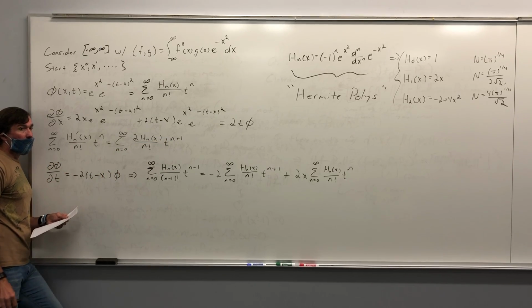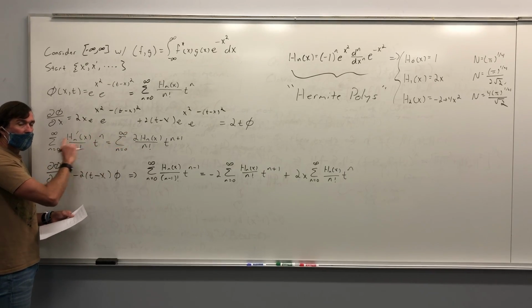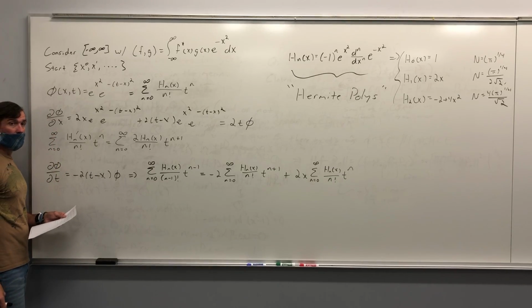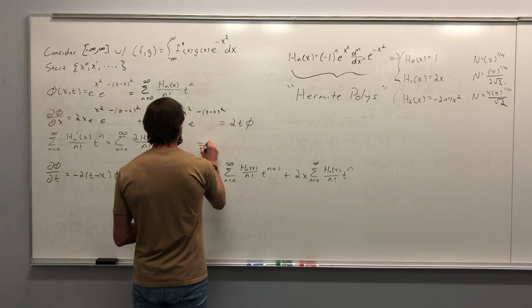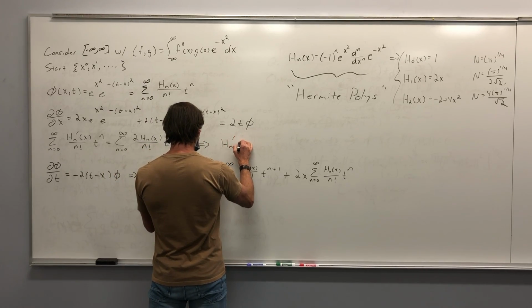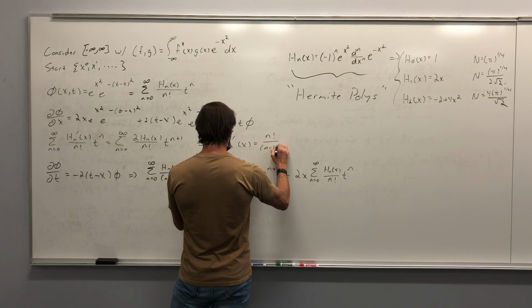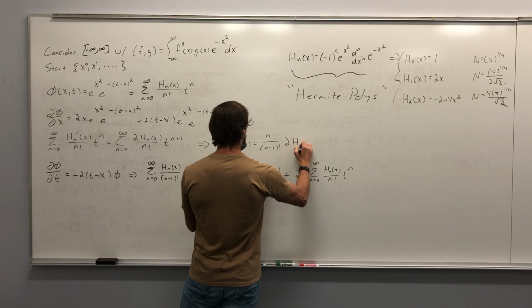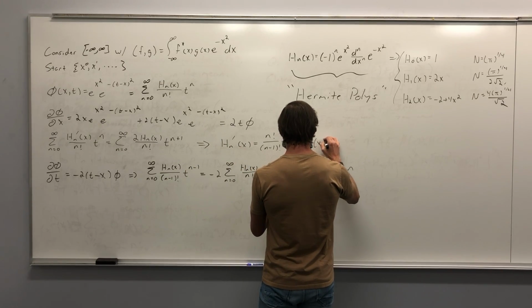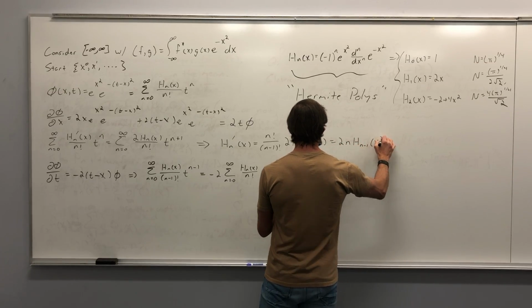So we can go through here and equate the left and right side for each power of t. If we do that, then in this case what we determine is that hn prime of x is n factorial over (n minus 1) factorial times 2 times hn minus 1 of x, which is just 2n hn minus 1 of x.